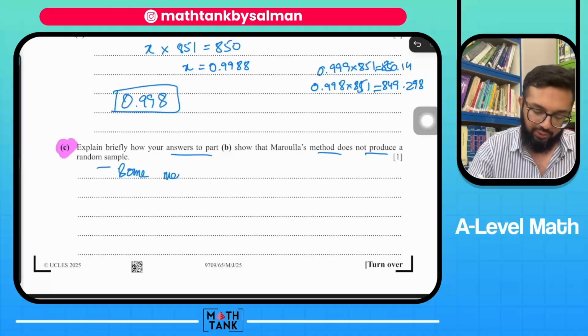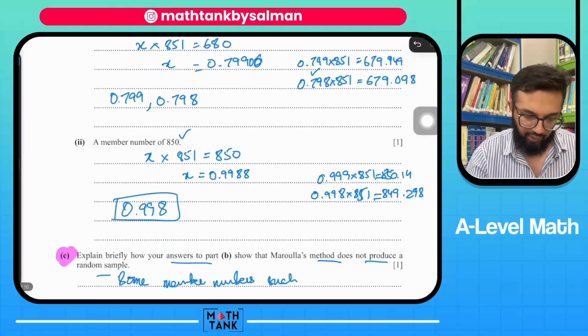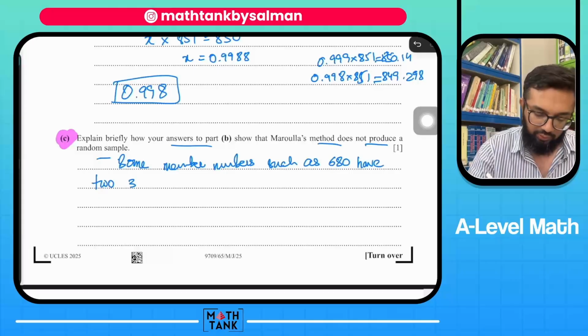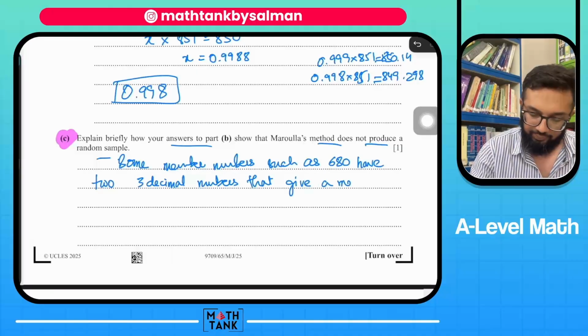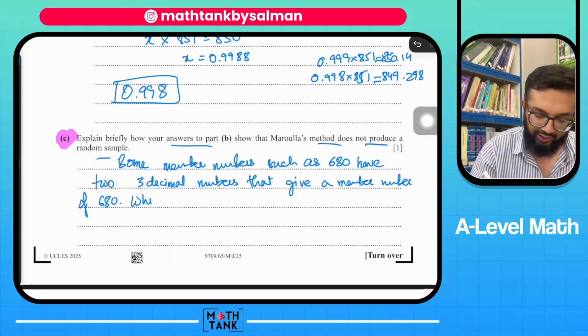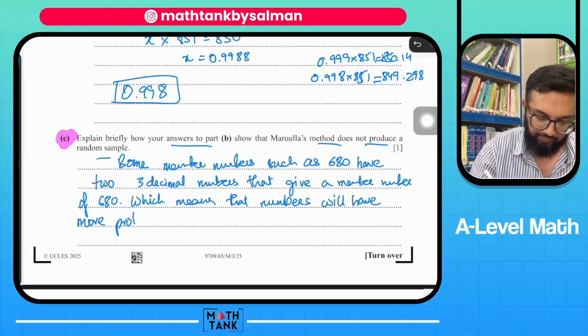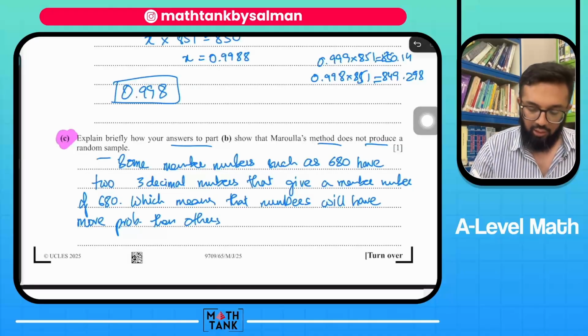Some member numbers, such as 680, have two three-decimal numbers that give a member number of 680, which means that some numbers will have more probability than others.